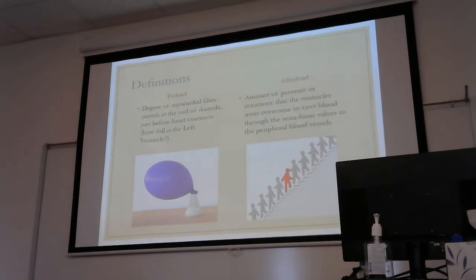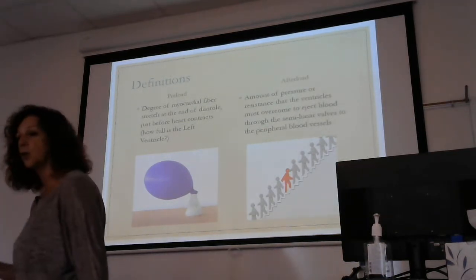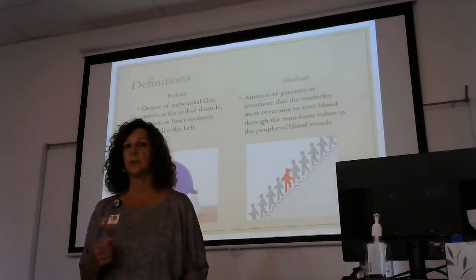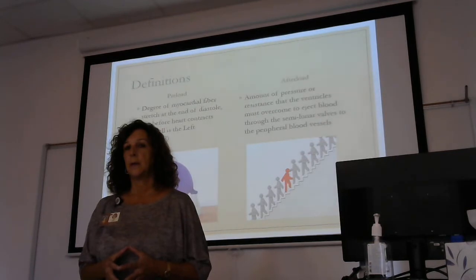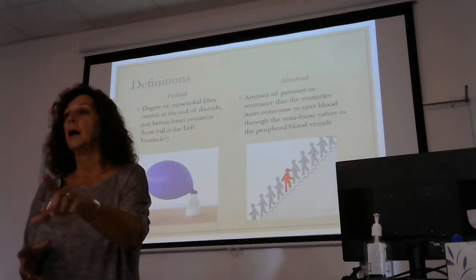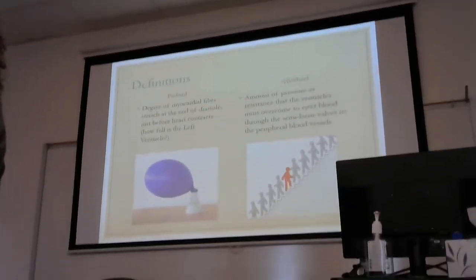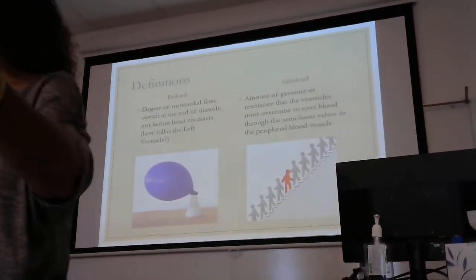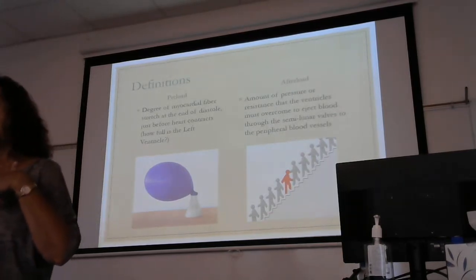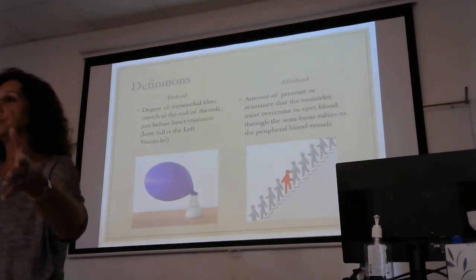So, Jay, can you give me an example of what kind of patient might have a higher degree of afterload? In other words, a higher degree of vascular resistance. Y'all, I just want you to think. Hypervolemia. Okay, hypervolemia, I'll take that. What else? Think of the vessels themselves. Atherosclerosis. Both are true.